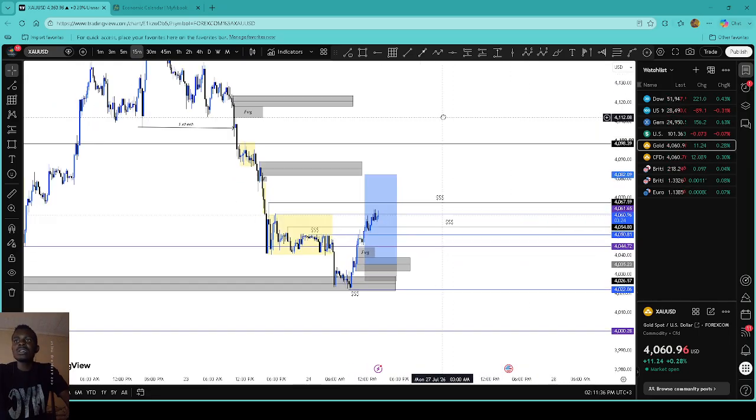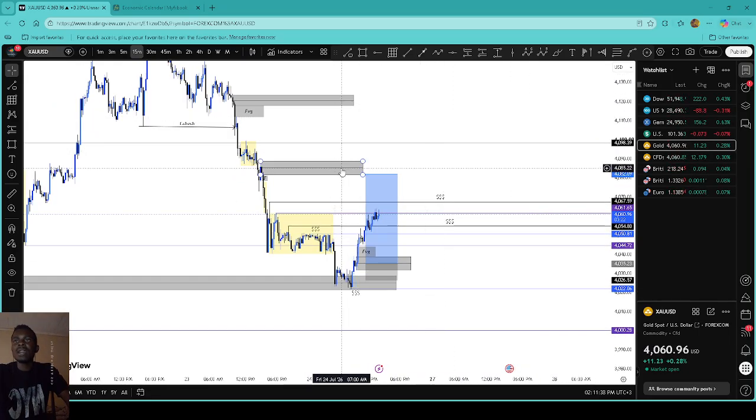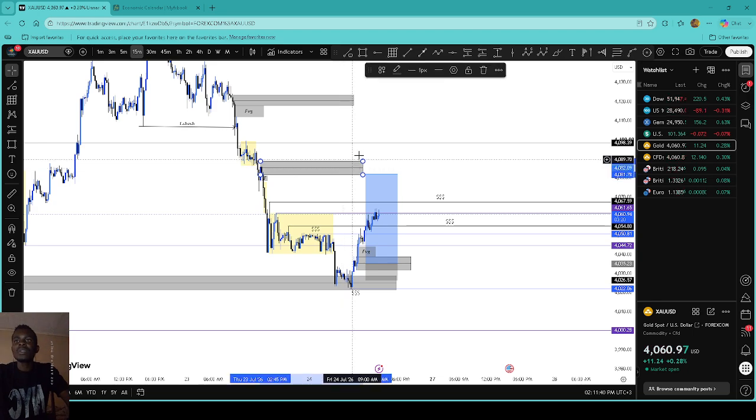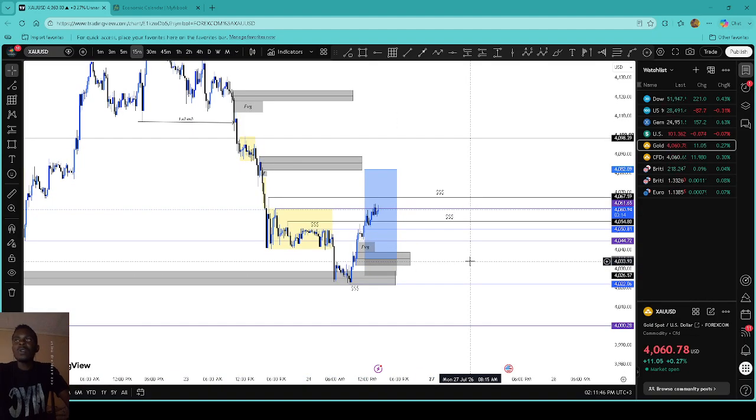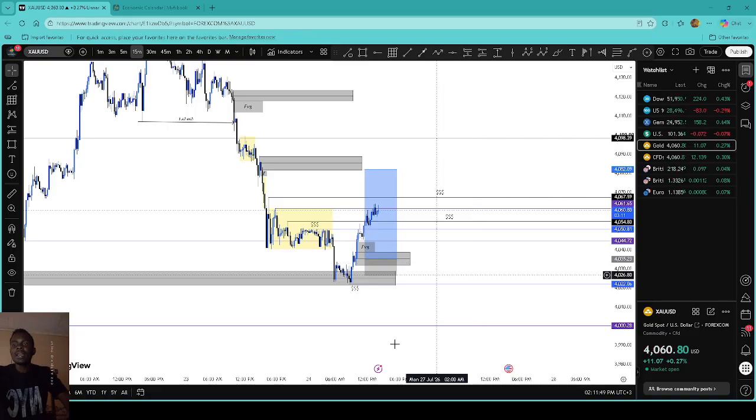Now we can see that these are the demand area for price, and this is the supply area for price. I hope you understand how order blocks work and what order blocks are. Now have a good day.